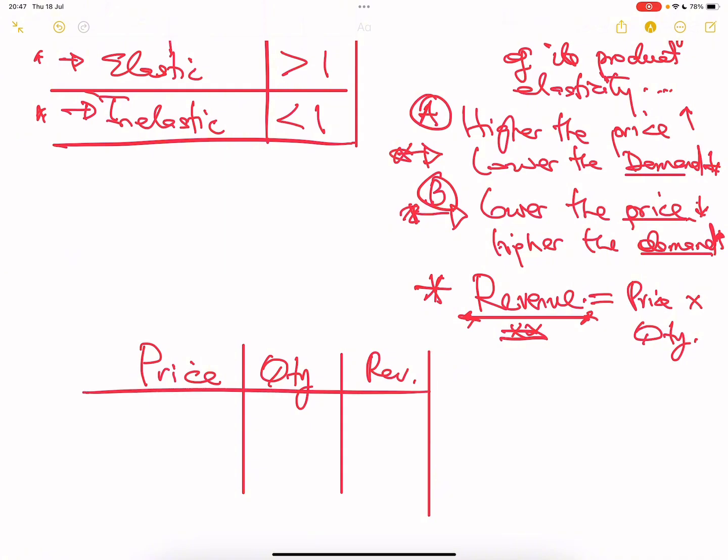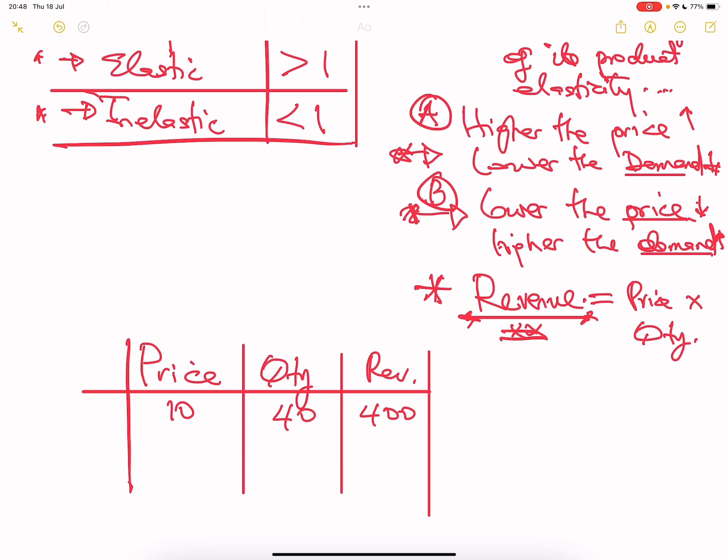So we have the original situation when the price used to be 10. The quantity was 40, and the revenue is 10 times 40, which is 400. Right. That's the original situation.